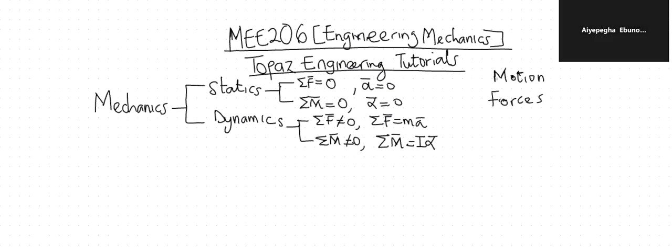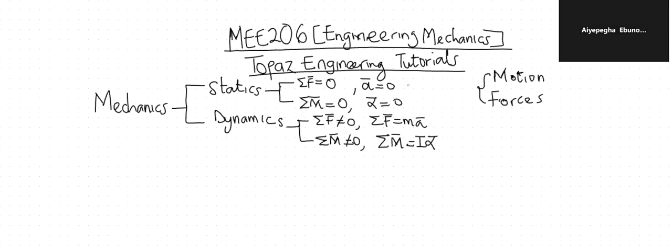Now, statics in 205 or last semester, the governing equation for statics is Newton's first law, which I've written here: summation F equals 0. Newton's first law simply talks about the resultant force acting on a particle being equal to 0, or we can also say that the acceleration is equal to 0.